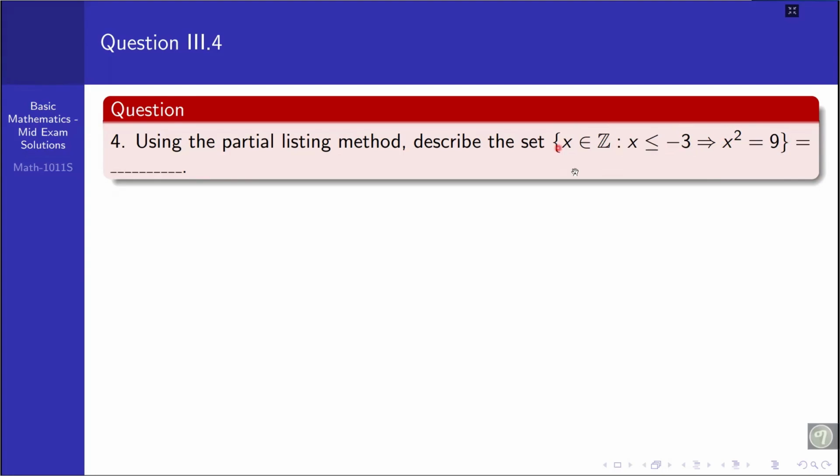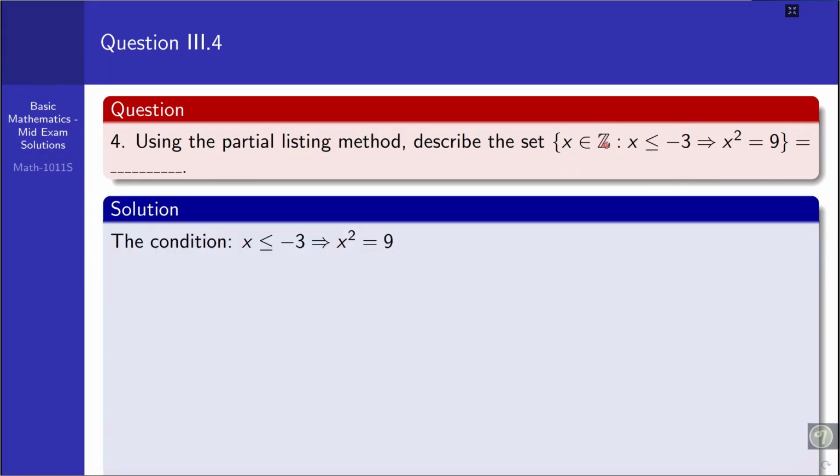That means the solution set of this logical implication connects the equation x squared is equal to 9 and the inequality x less than or equal to minus 3, whenever x is an integer. The implication P implies Q is true whenever P is false or Q is true, or whenever both have the same truth values.